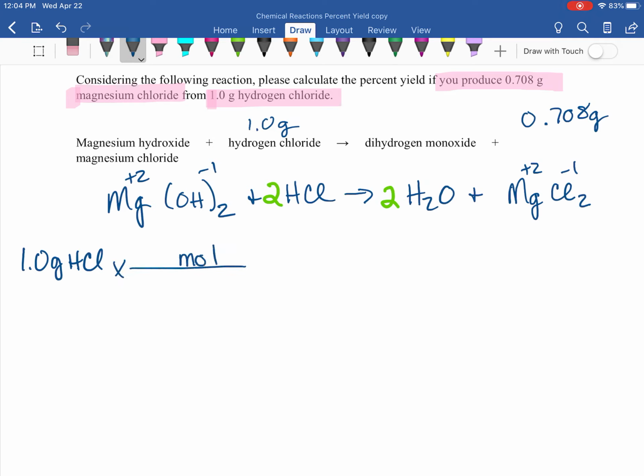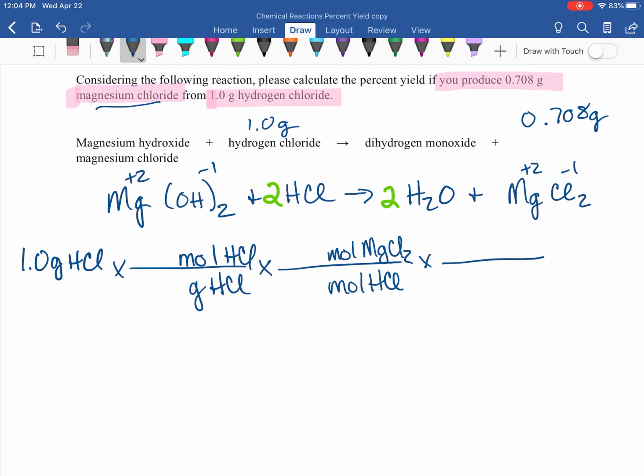Let's do some math. Let's start with our 1 gram HCl. Let's convert it to moles. Let's take our mole ratio, and now we're comparing to magnesium chloride.